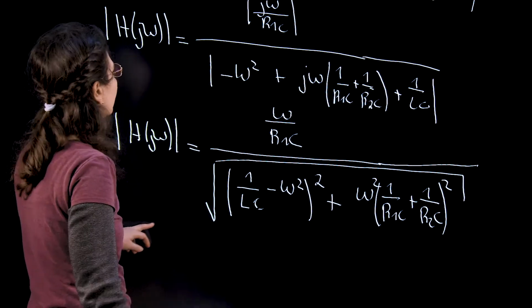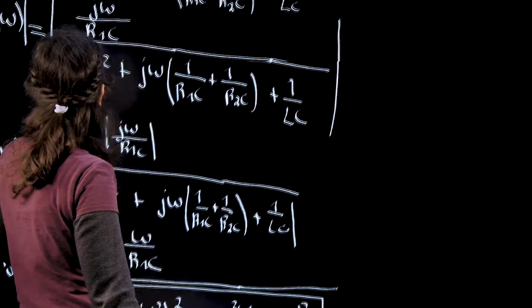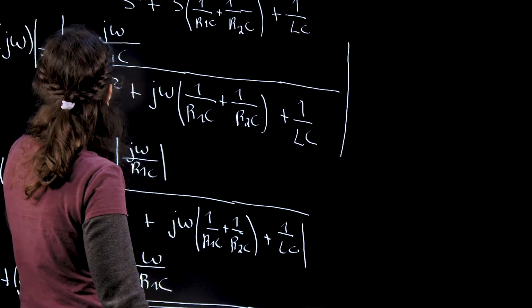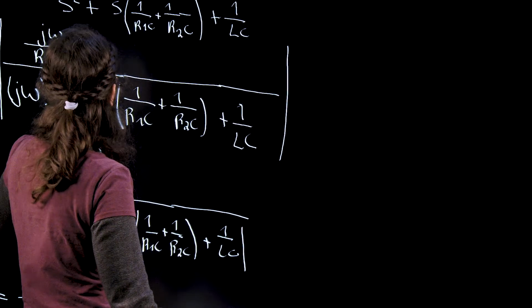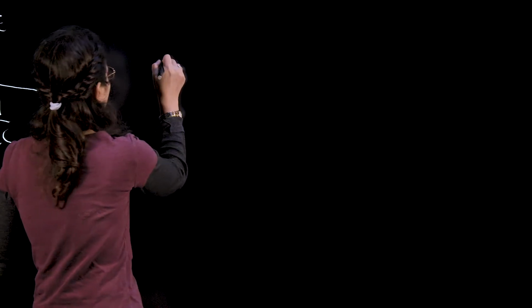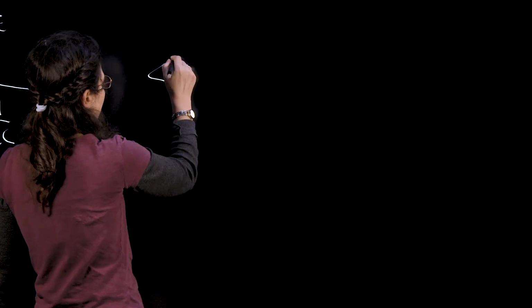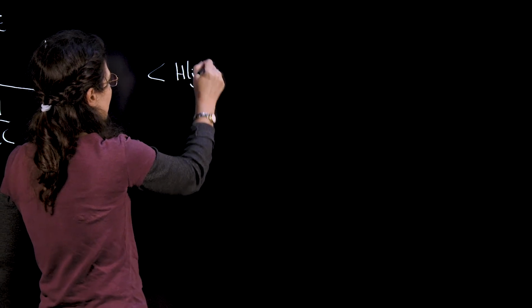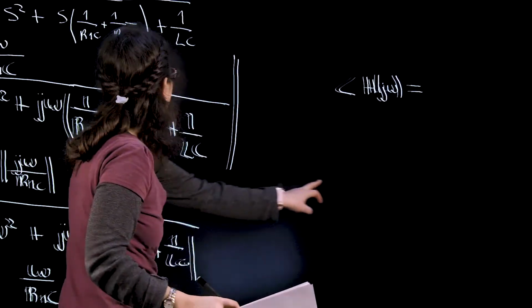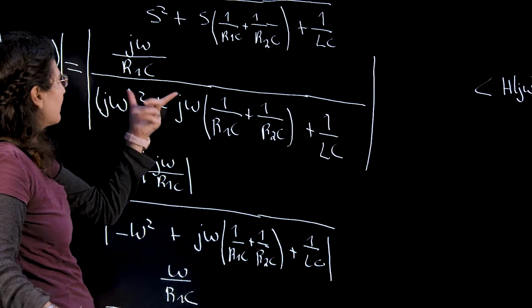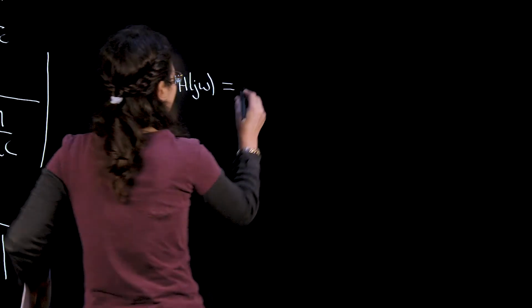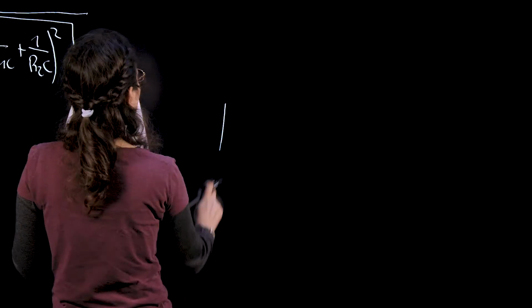Exactly. So now I'm going to calculate the phase here on the right. So I have the magnitude here. The phase of H of j omega is equal to the phase of the numerator minus the phase of the denominator. So this is going to get long.